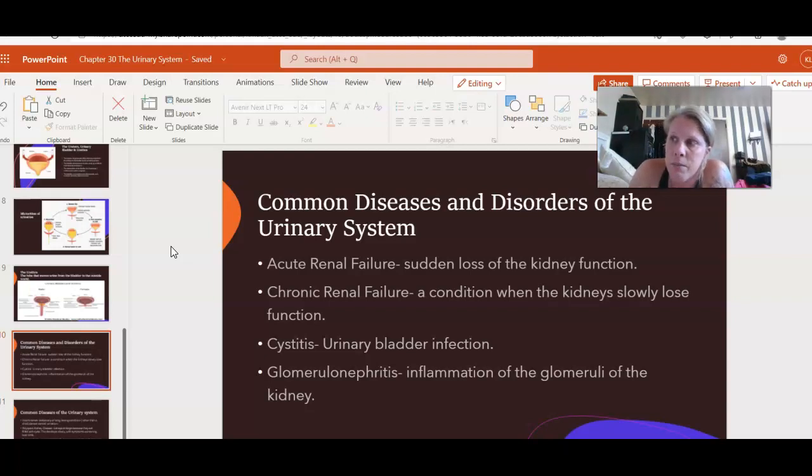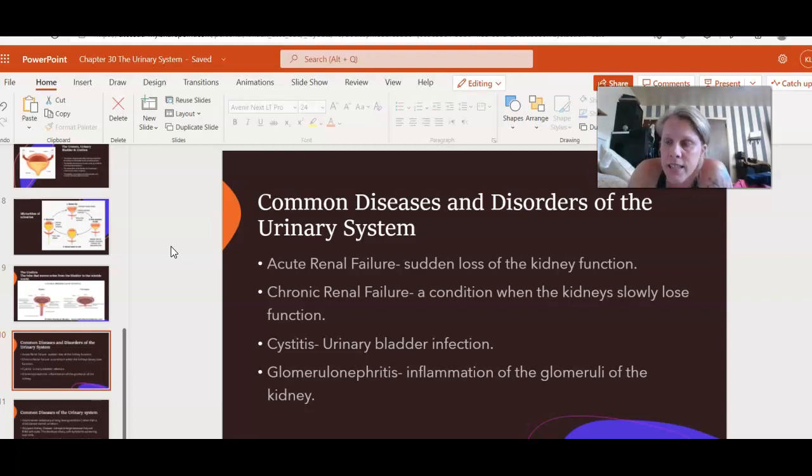Signs would be headache, mental confusion, comas, seizures, fluid retention, nausea, hypertension, increased or decreased urine output, UTIs, or abnormal urinalysis results. Treatments would be antibiotics, medications to control the anemia, restriction of your fluids, controlling your high blood pressure, and in serious cases, surgery may be needed to repair a urethral obstruction, or you may get a kidney transplant.